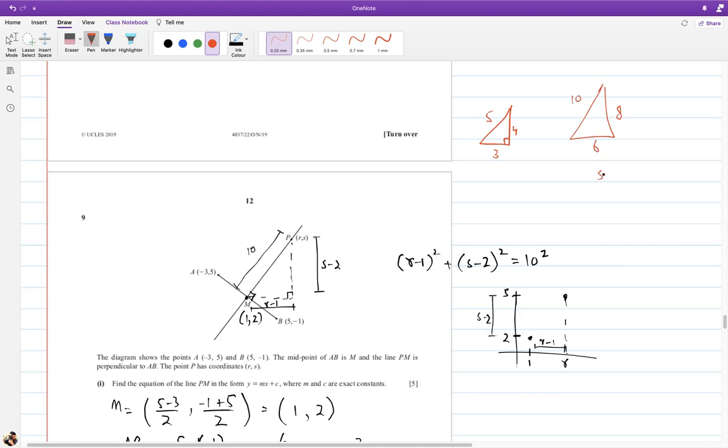So my hunch is that S minus 2 is 8 and R minus 1 is 6. Obviously, this method is just so you can check on your own after you've gotten the answer. This is what I think it should be. It can be something else. It's not the only possibility, but that's just one possibility that I can think of.